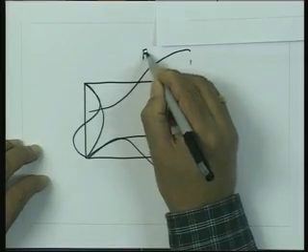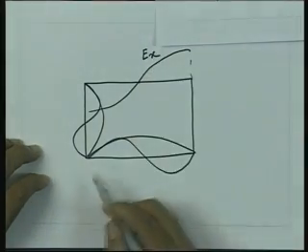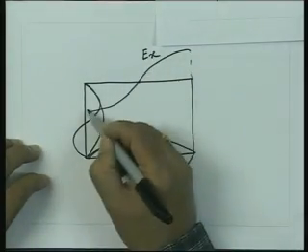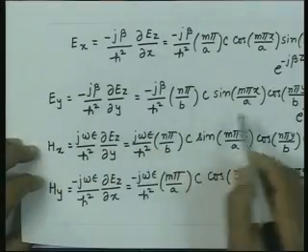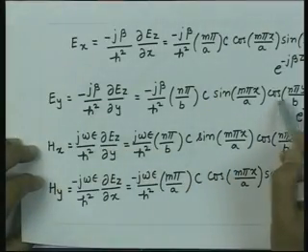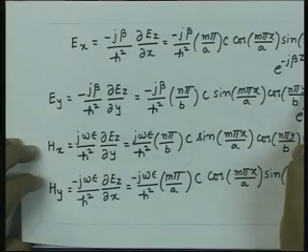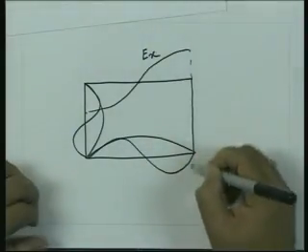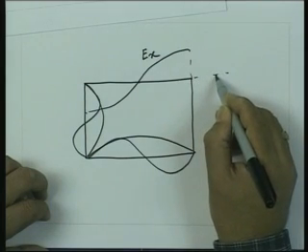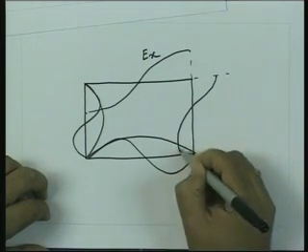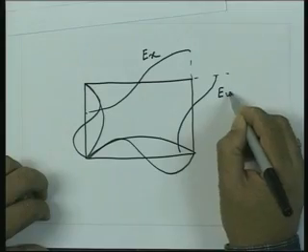So, the Ex component, if I look at this, will be like that. This will be the component which is Ex. So, that is maximum here, 0 here, maximum here. But the Hy component, if I look at, will again be a cos variation along the y direction. So, it will be in this direction. The field variation would be like that for the Ey component.